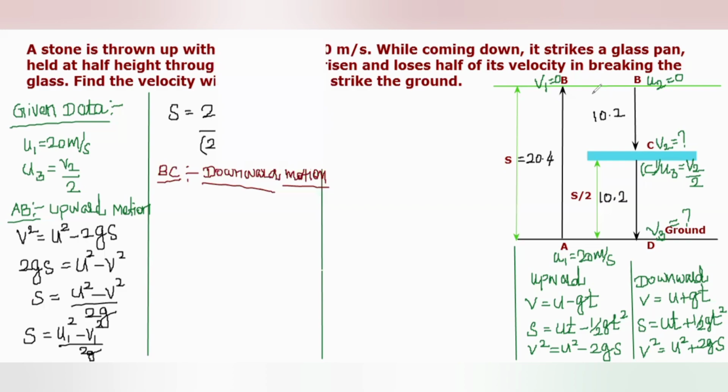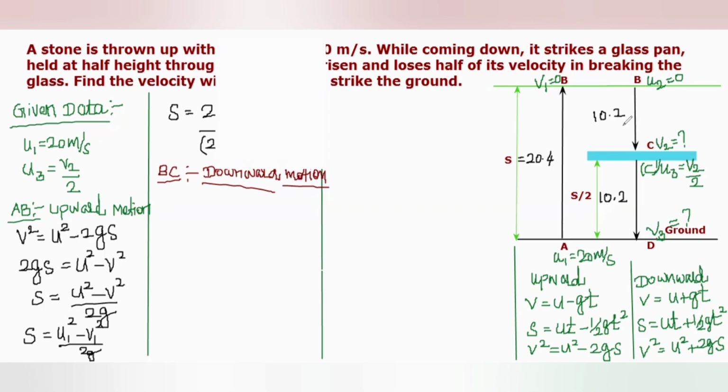That means from point B, it is going to fall down, and at point C, it is going to hit the glass pane. So we have to calculate at what velocity it will hit the glass pane. At point B, we know that from the dead state or dead point, it is a free fall. So U2 will be 0. V2 we are going to find.